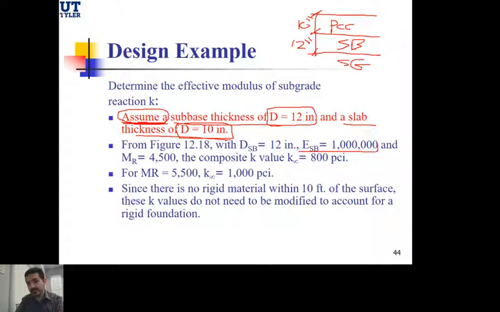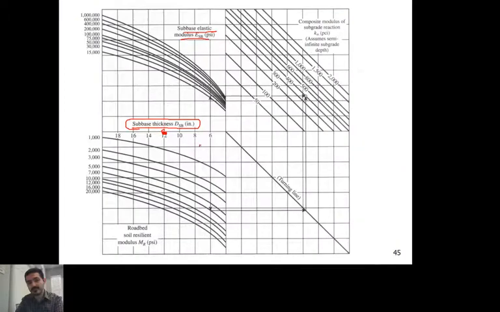Here you go. The subbase modulus is 1 million, and for the subgrade, sometimes it is 4,500 and other times it's 5,500, depending on the season or the month. That's why I'm going to do it twice. For 12 inches, I went all the way up to the million, which is the very last line here.